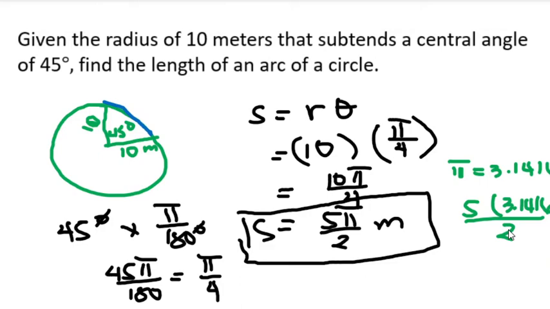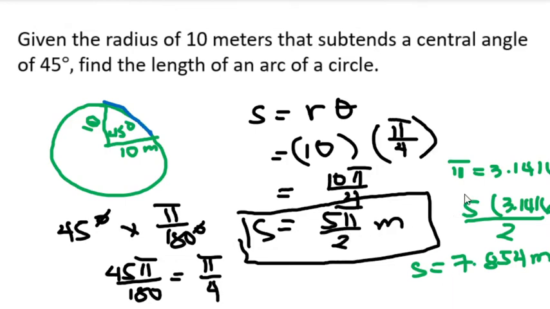5 times 3.1416, then divide it by 2. So, the answer is 7.854 meters. So, ito po, yung magiging sagot natin pag binigay yung value ni pi na 3.1416.